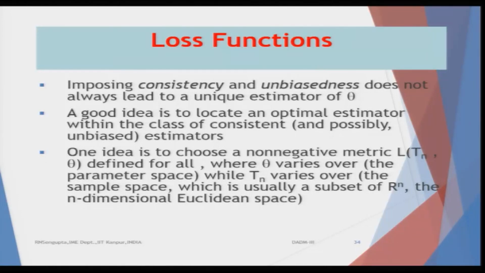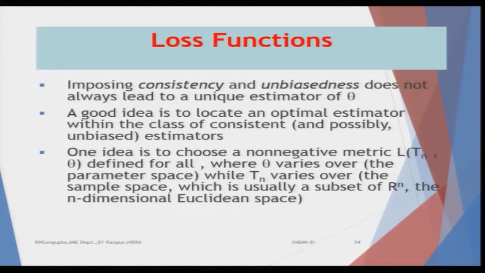So basically you have the overall space where you are trying to find in what range theta varies, and as you pick up samples there is a sample space in which T n varies. This is usually defined as a subset of R n, where n is the dimension of the sample which you are going to pick up.